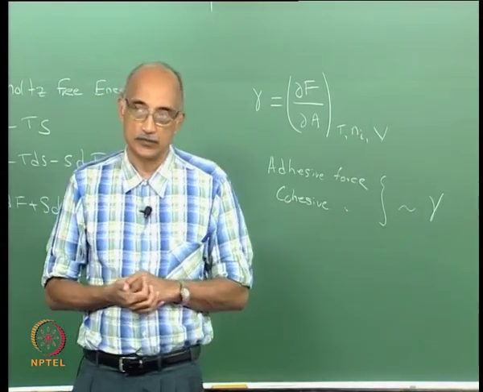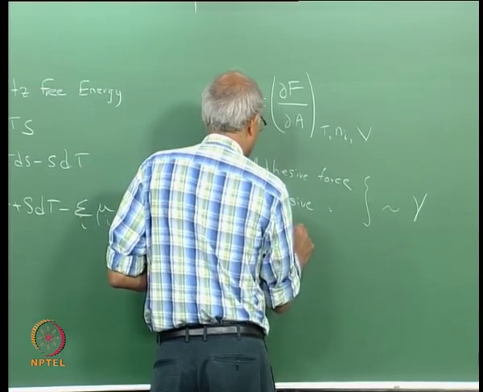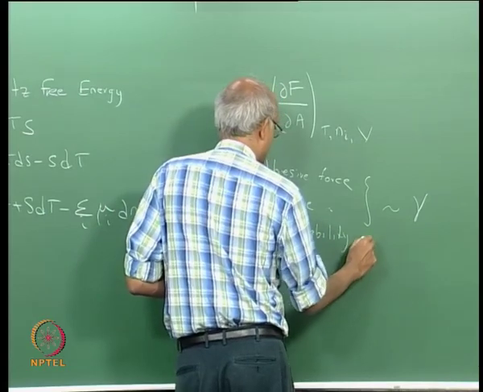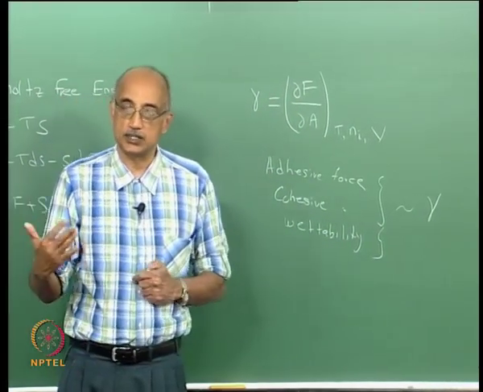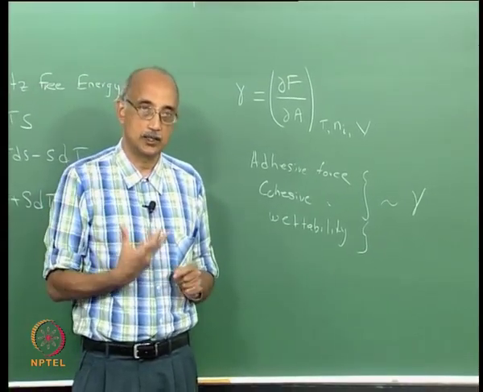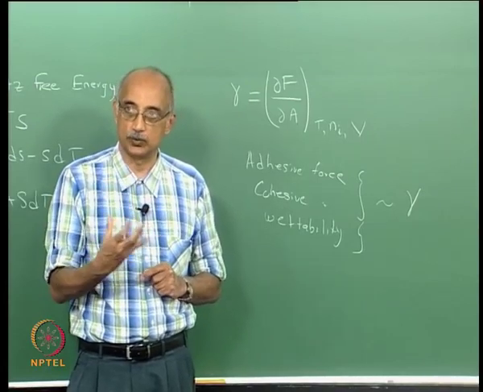And of course, correspondingly the wettability of the surface of the particle when it is interacting with the fluid will also increase. So the higher the surface energy of the particle, the more likely it is that you will get good wetting of that particle by a surrounding fluid.